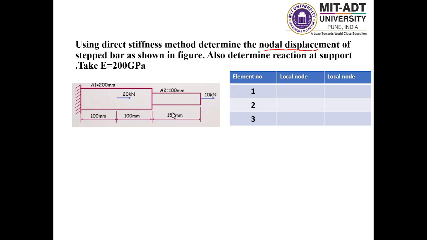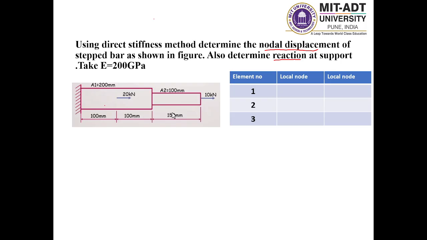Here in the sketch you can see the step bar, and we need to find the reaction at the support. By taking E as Young's modulus, we take it as 200 GPa.